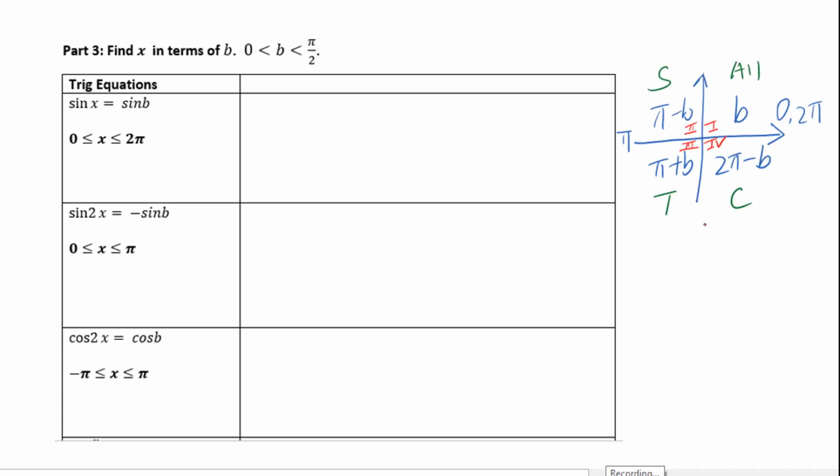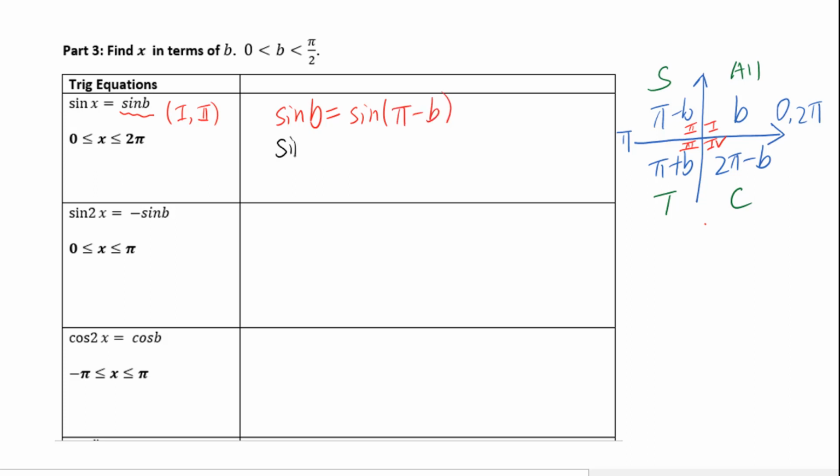This is the diagram in the closed interval from 0 to 2 pi. For sin b, you could see sin b. We know sin b is positive, so go to the first and then the second quadrant, which means sin b equals sin pi minus b.